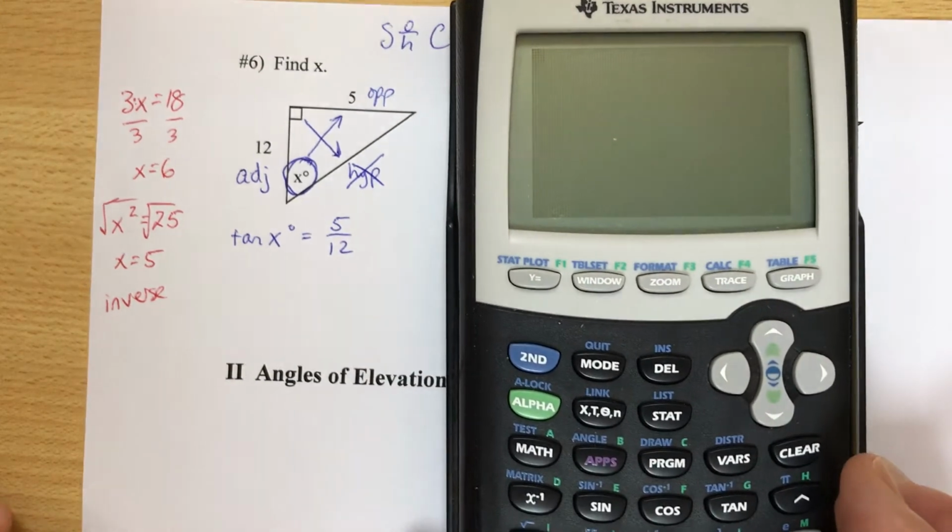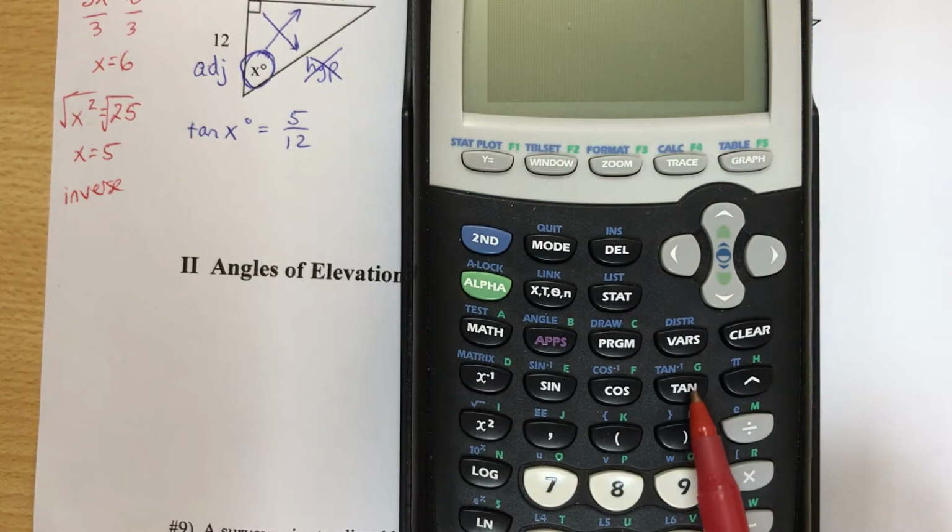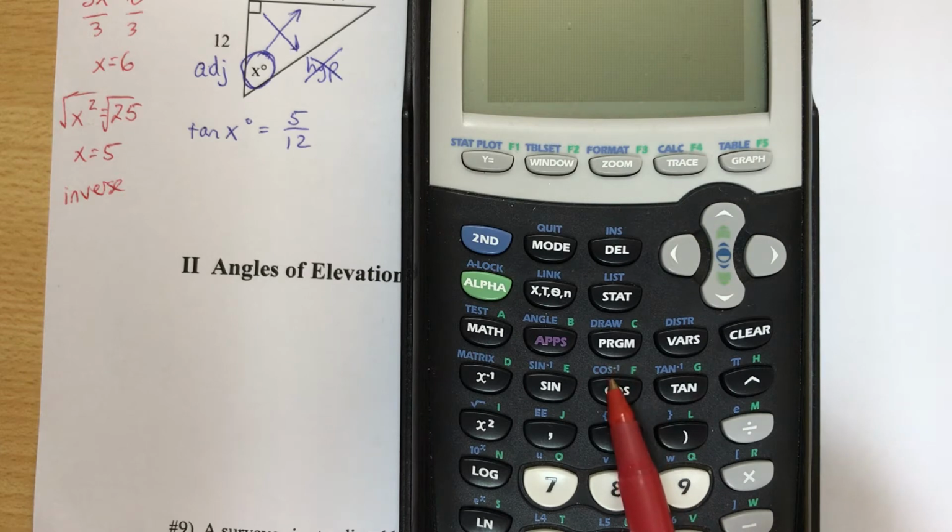Well, on your calculator, whether it's graphing or scientific, if you look at the tangent button, right above that in blue, it says tan -1. It looks like an exponent, that -1. But what that actually stands for is inverse tangent. We also have an inverse cosine, and we also have an inverse sine.